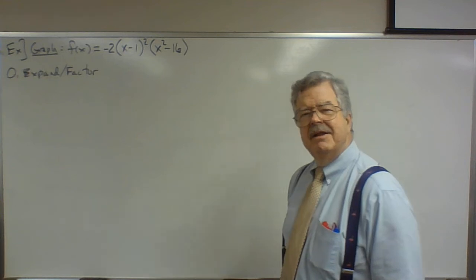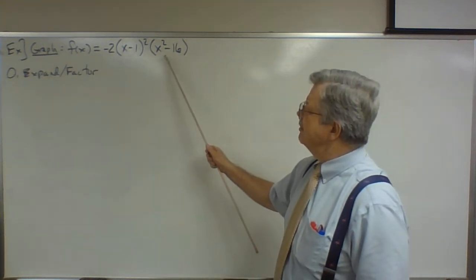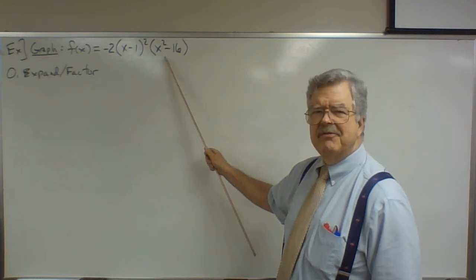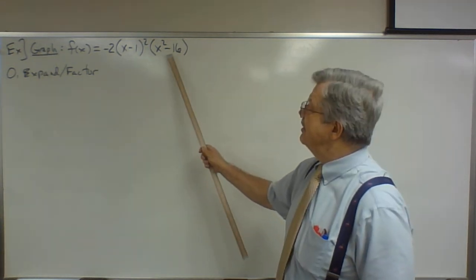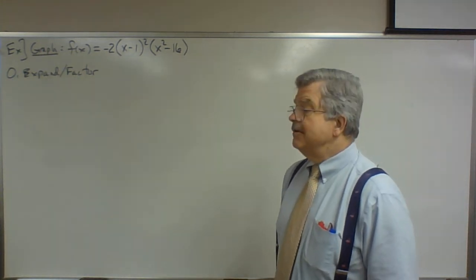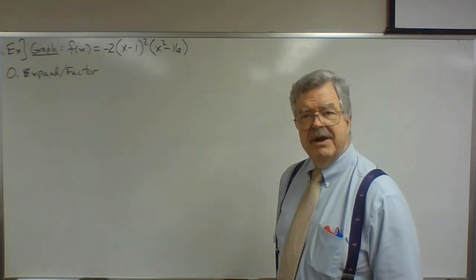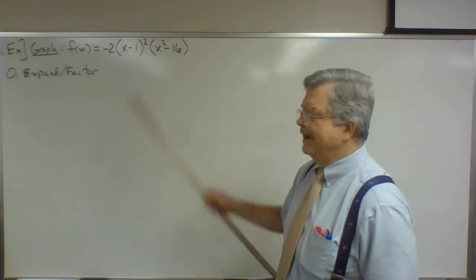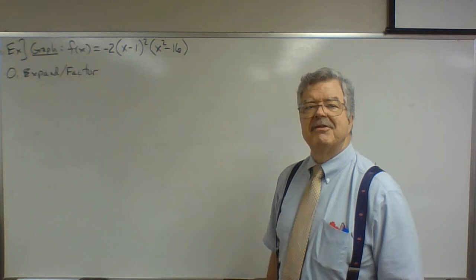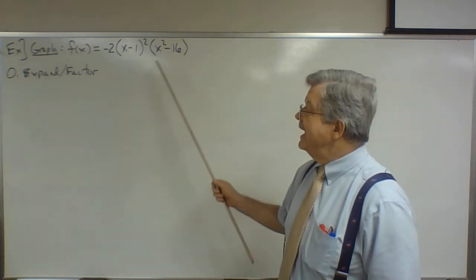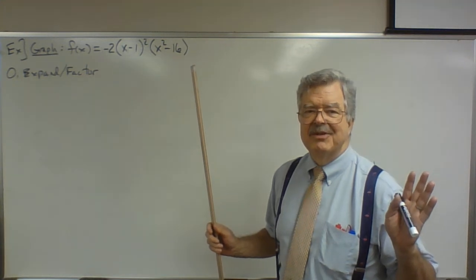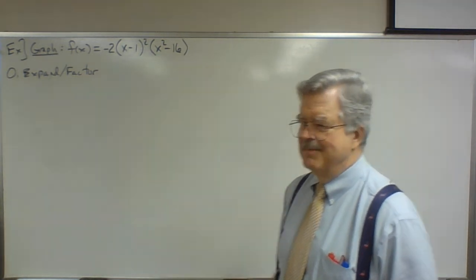And now that I look at this a little bit more closely, it's not in factored form either, because I look at this thing and I go, son of a gun. Difference of perfect squares. This thing can be factored. So for my step 0, I'm going to have to factor this thing, and I'm going to have to expand it. My friends who wrote the text didn't really do either one.